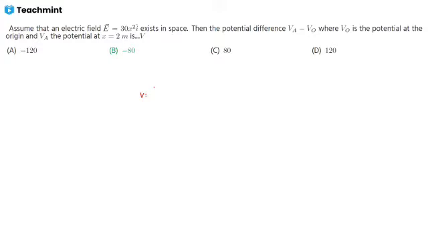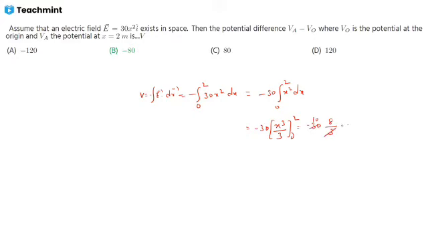We are supposed to calculate the potential, that is E bar dot dr bar minus, that is minus from 0 to 2, electric field is given as 30x square into dx, that is minus 30 into integration of x square dx from 0 to 2, that is minus 30 into x cube by 3 in between the limits 0 to 2, minus 30 into, if you substitute 2 in the place of that variable, 2 cube is 8 divided by 3, so it is minus 80 volt, or we can write it as joule per coulomb also.